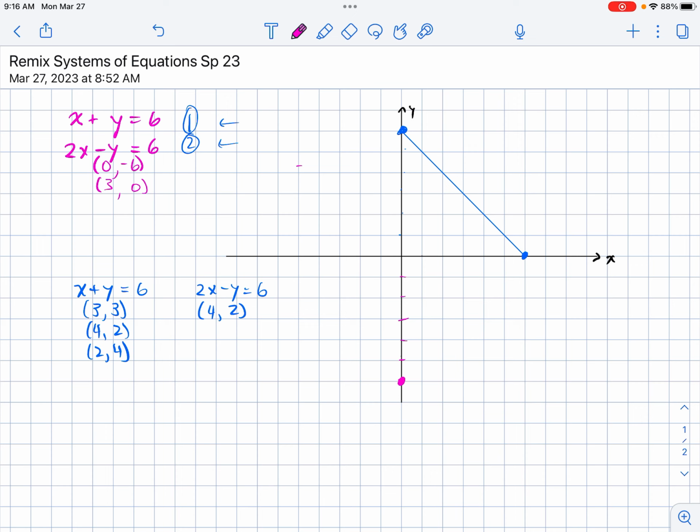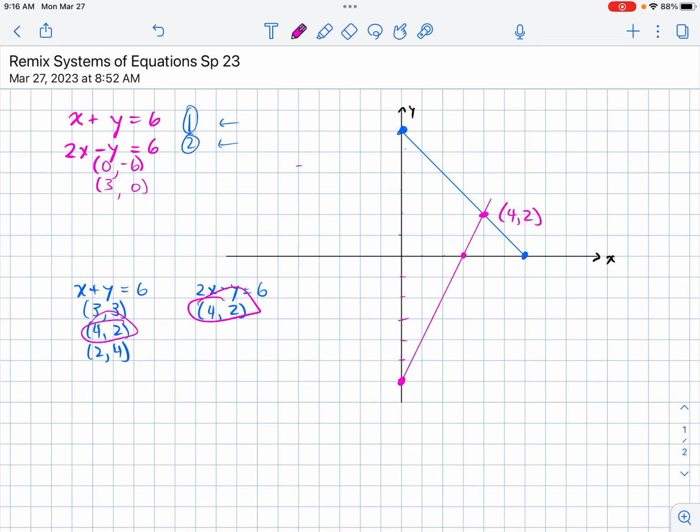So 1, 2, 3. And now I want to connect these points, and I extend it out. Now, this right here represents the point that both of these lines have in common. So we say that is the solution to the system of equations. And you can see here that this point is 4, 2. So both of these share that point.